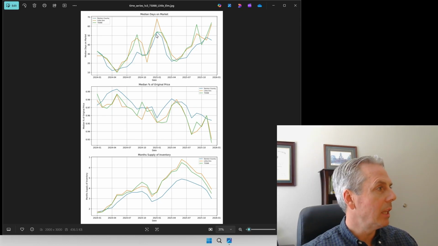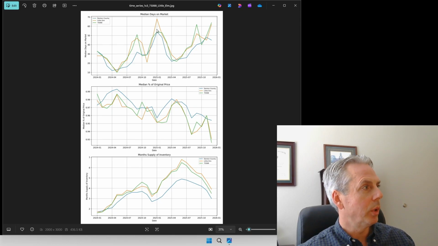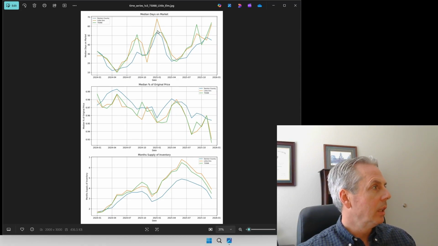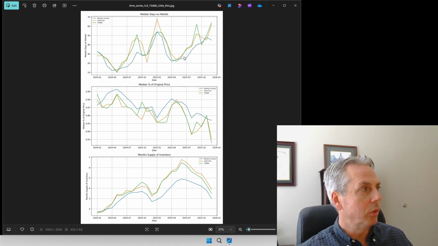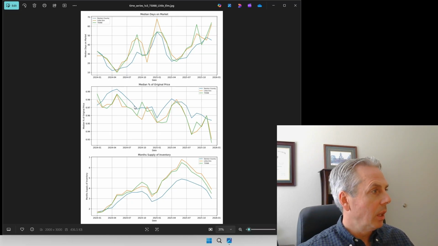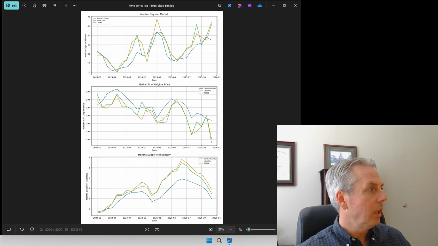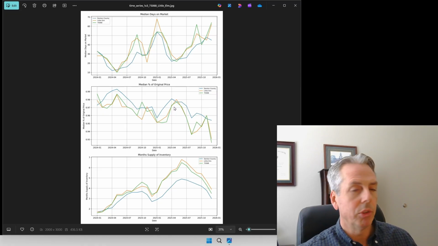So let's look at what's happened in this market that coincides with price changes. We can see that since the beginning of 2025, we had our days on market decline, and then ever since mid-spring, they have been consistently rising. Very similarly, we had a run up in the median percentage of original price, that sale list ratio.